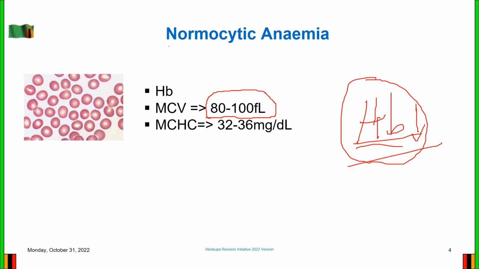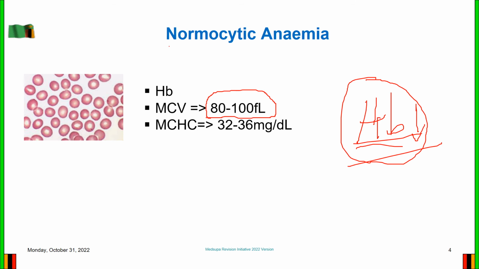Now, let's check on the MCHC, the mean cell hemoglobin concentration. The normal range of mean cell hemoglobin concentration is 32 to 36 grams per deciliter. So usually, whenever the cell is normocytic, even the color is normochromic.